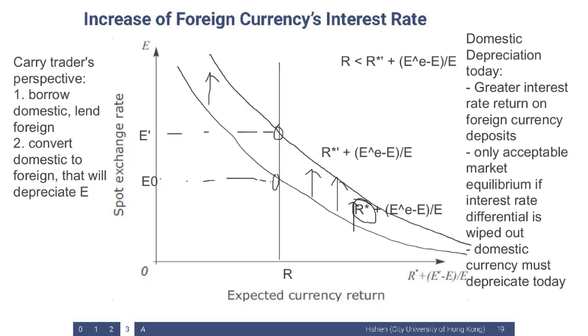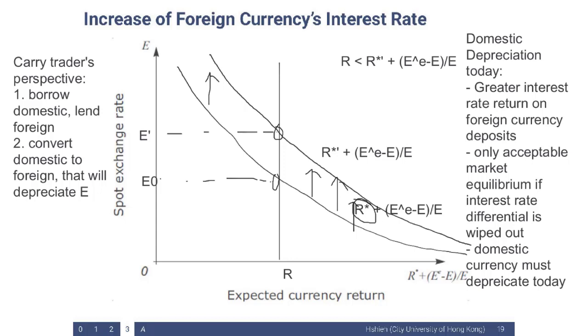For those of you who have a hard time working through the math, the rule of thumb is this: if we are simply changing variables that are on the axis, then we're moving along the curve. When we're changing variables that are not shown on the axis, that will lead to a shift in the curve. That's the rule of thumb. But if you work through the math, then it should be clear.